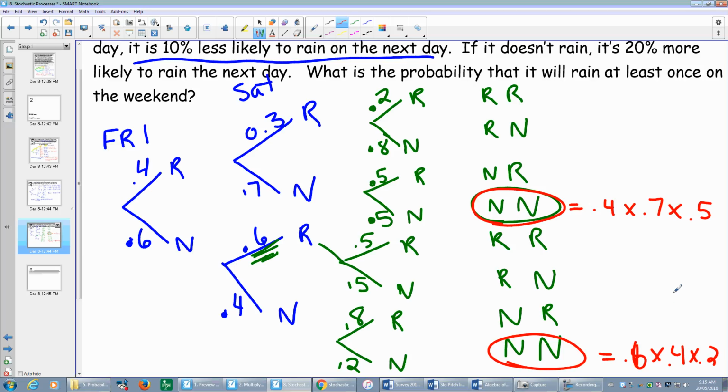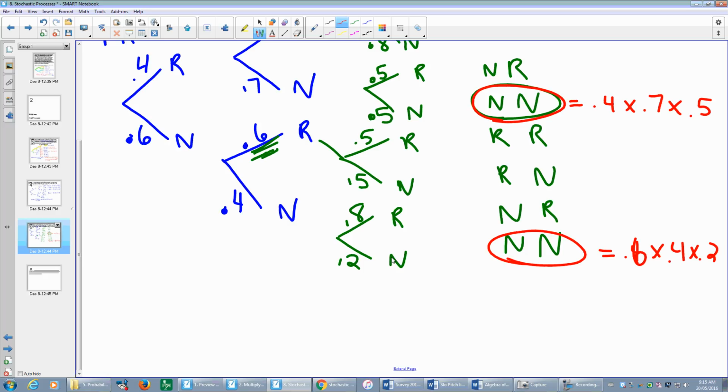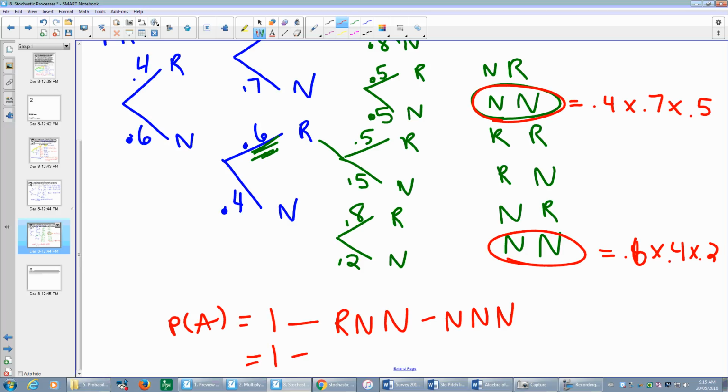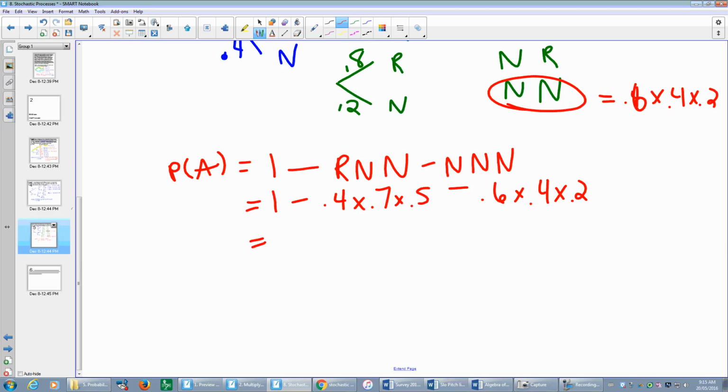Right, but because their answer depends on Friday, we include Friday's number. So when I find the probability of this, I do 1 minus the rain, no rain, no rain case, minus the no rain, no rain, no rain case, which gives me 1 minus 0.4 times 0.7 times 0.5 minus 0.6 times 0.4 times 0.2, which gives me a probability of 0.812.